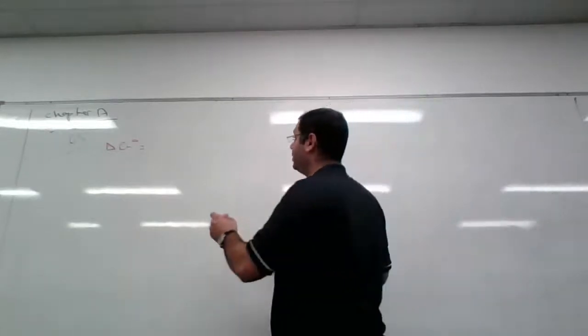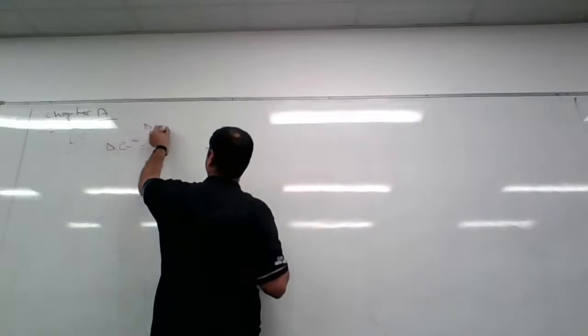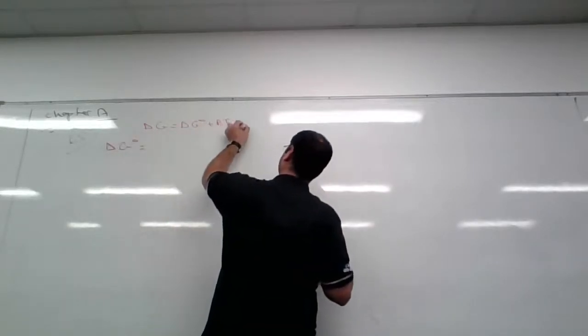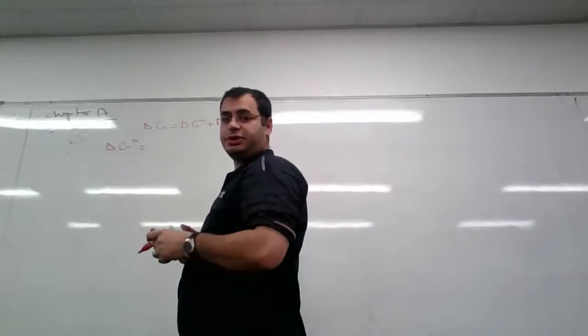We need to know delta G, so delta G naught plus RT ln Q. What's so special about this relationship?